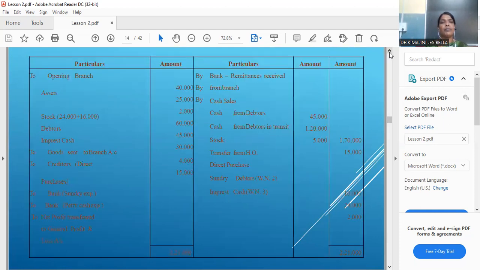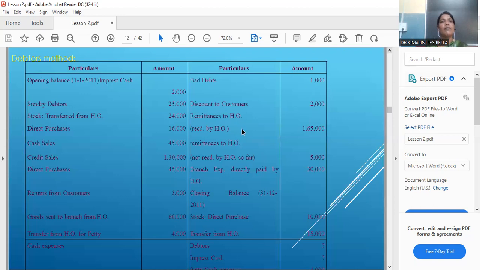Listen carefully. Particulars and amount, on the debit side as well as the credit side, right? You come to the debit side: opening stock, opening balances on 2011. First we can see the imprest cash. Imprest cash, how much have they given? 2,000. Then sundry debtors 25,000.